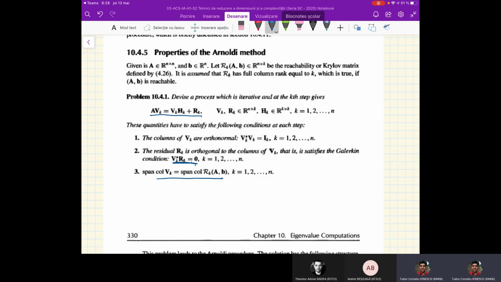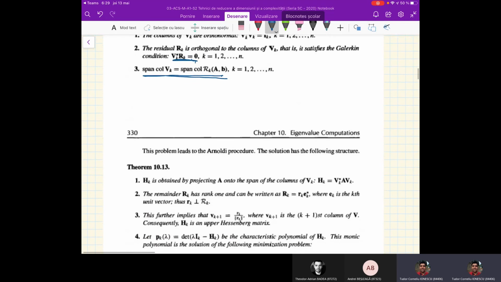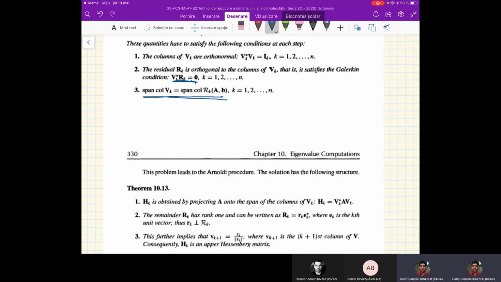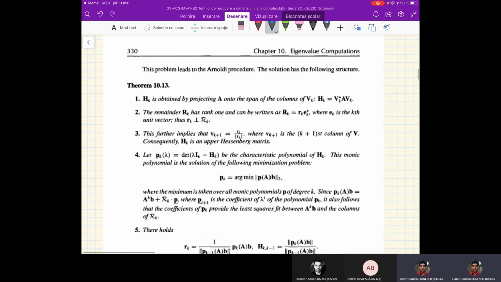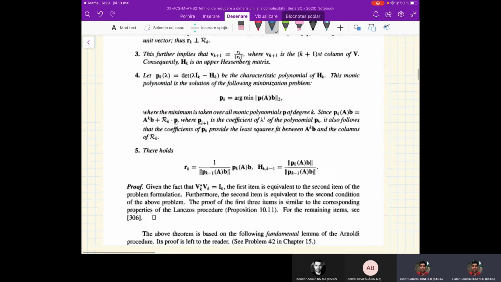And the columns of the matrix V span the columns of the matrix R, so of the controllability space R. That's how you build Vk as part of this controllability matrix, and you have a nice result here, explaining that this is all very good.